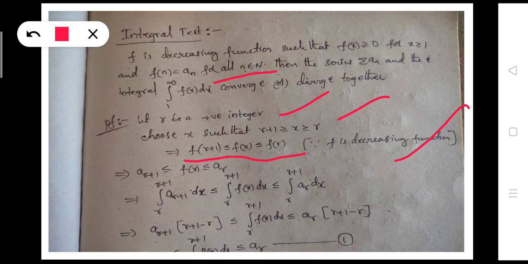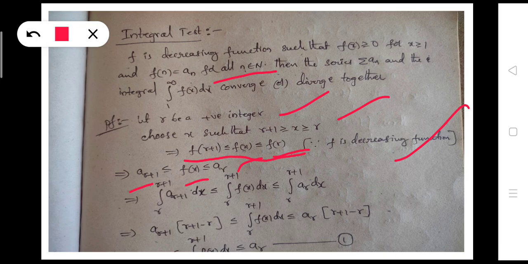Here f of n is defined as an. In a similar way, we can write f of r plus 1 as a r plus 1, f of x as ax, and f of r as ar. Here a r plus 1 less than or equal to f of x less than or equal to ar.